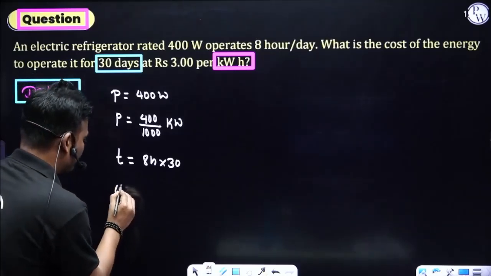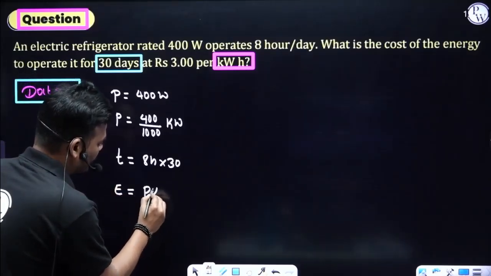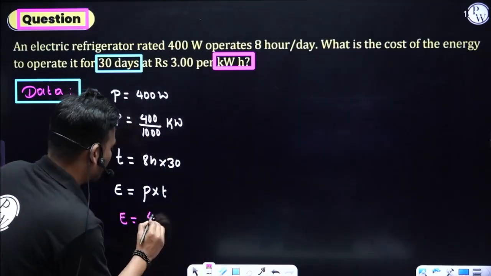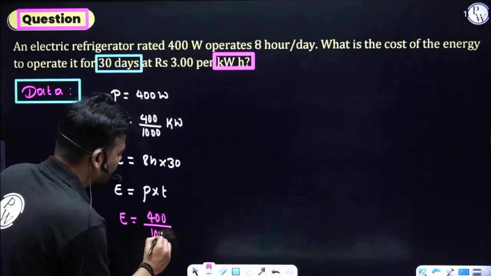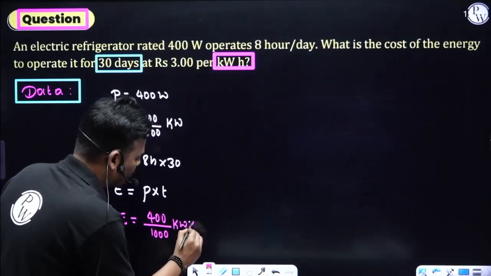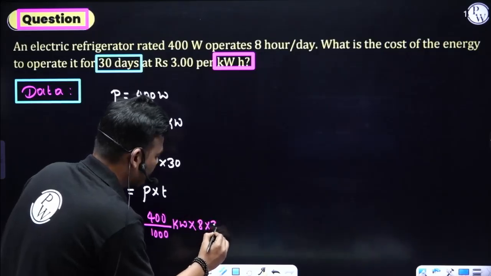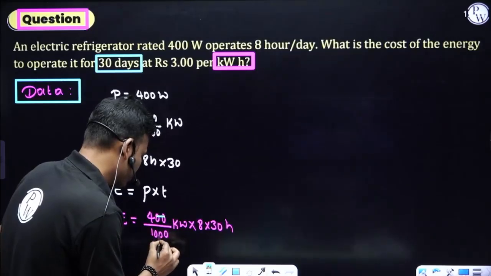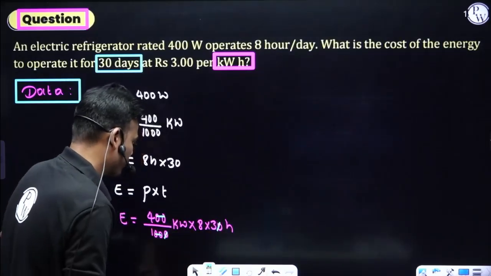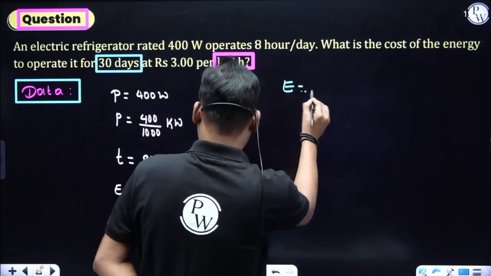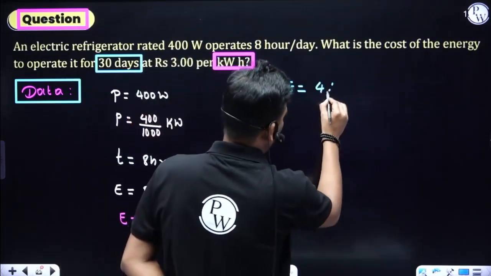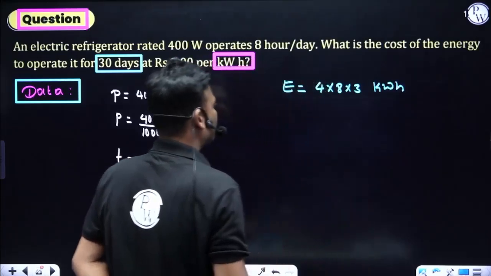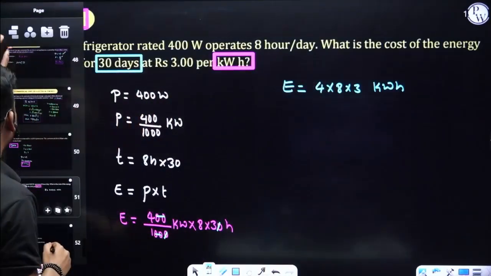First let's calculate energy. Energy is equal to P into time. So substitute the values. Electrical energy is power, that is 400 divided by 1000 kilowatt, into time, that is 8 into 30 hours. Now two zeros get cancelled. Now electrical energy is 4 into 8 into 3 kilowatt hour.